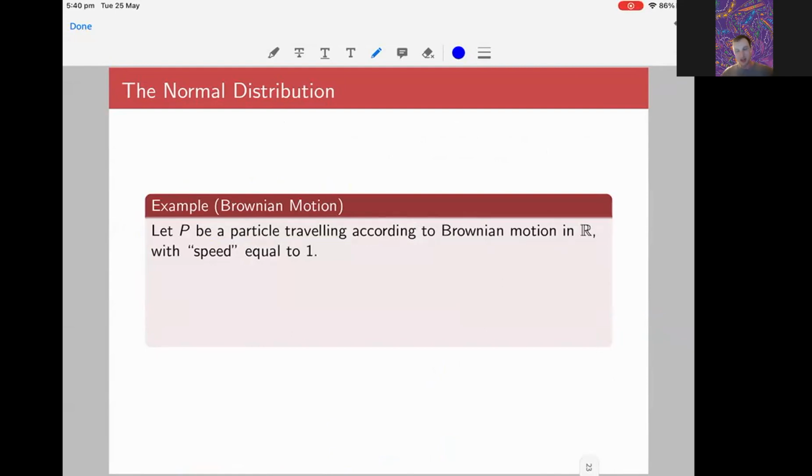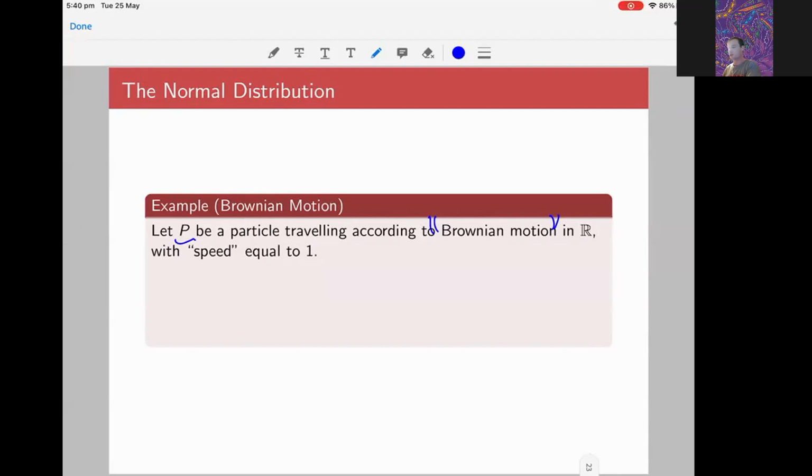I'm going to hint at that definition, but I'm not going to give you the exact definition. I just merely want to point out properties of the Brownian motion that come up in relation to the Gaussian distribution. So let's say that we've got a particle P traveling according to Brownian motion, whatever that means. Remember, I'm not actually defining what that means.